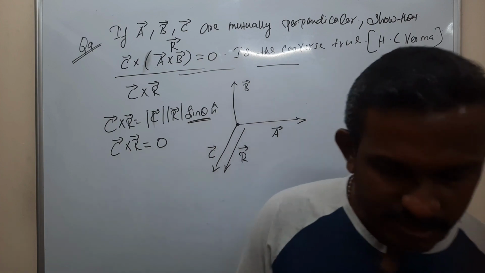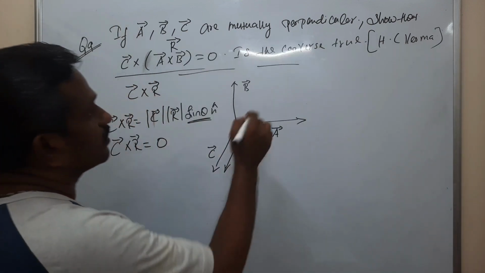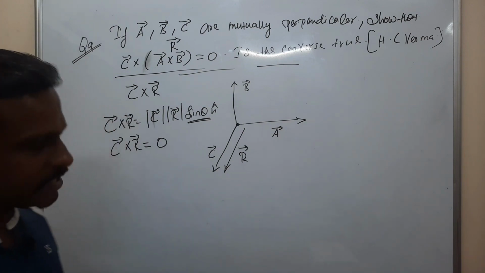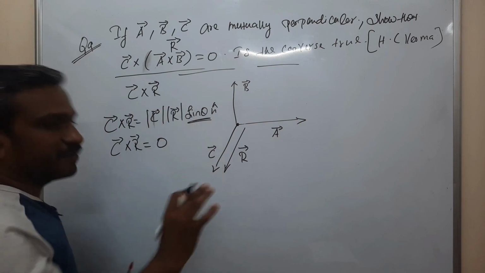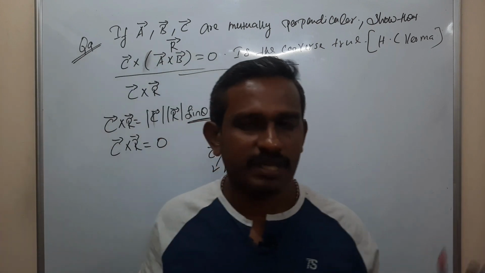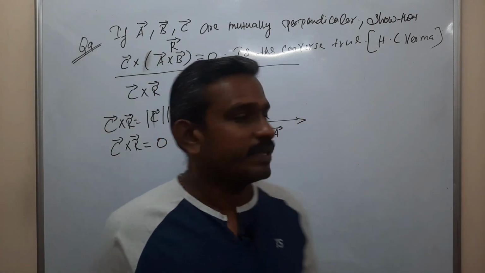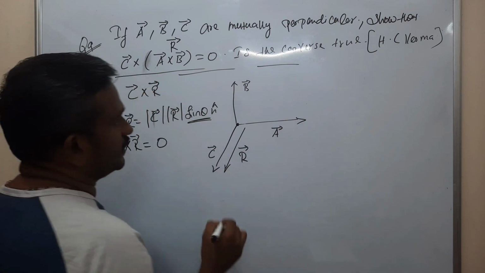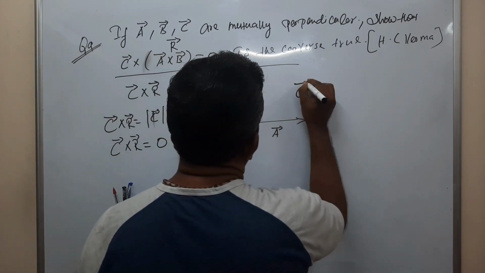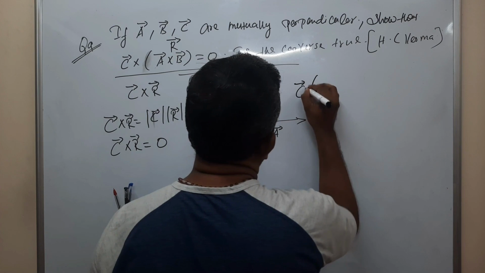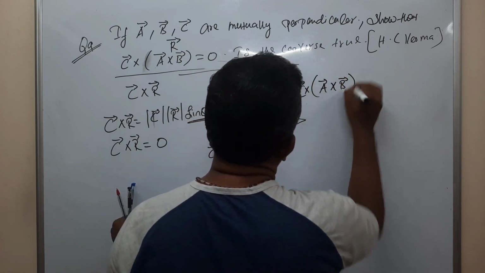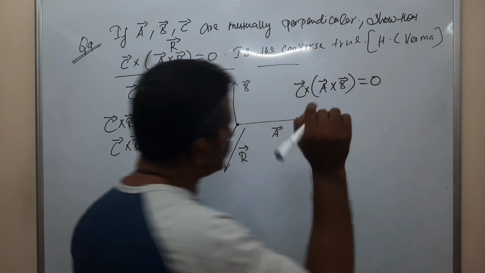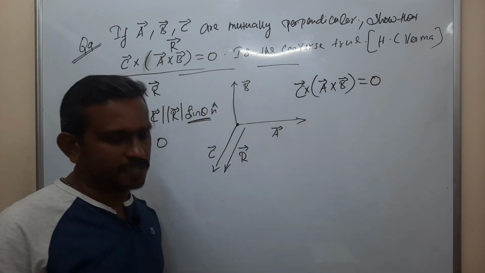Right? So what is asked in the converse: is the converse true? Converse true means, three vectors A vector, B vector and C vector are there, and their cross product C vector cross A vector cross B vector is equal to 0. It is given.